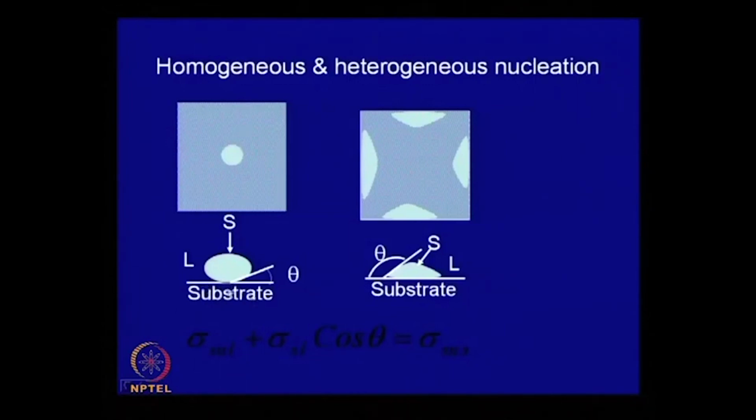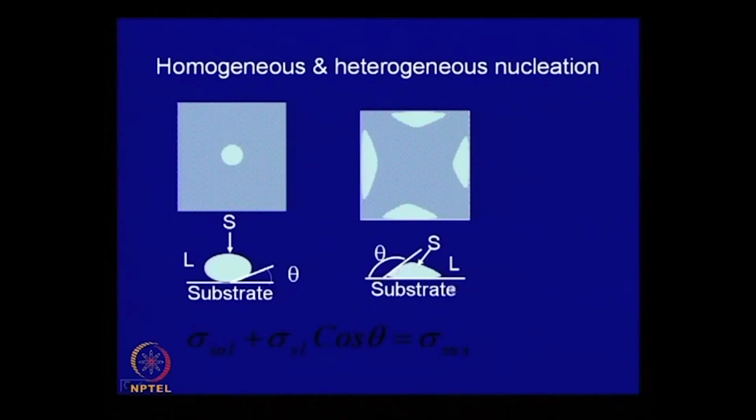Usually, whenever you have this kind of shape, you can say that the liquid wets this substrate and a stable nucleus can form. So, it will be determined by the surface energy, particularly these contact angles.